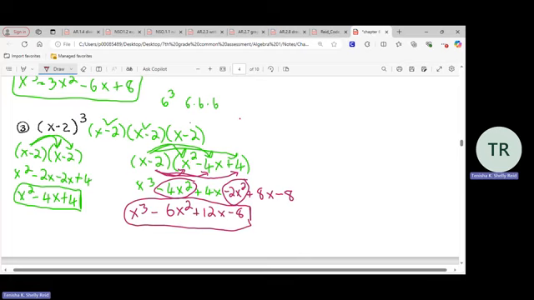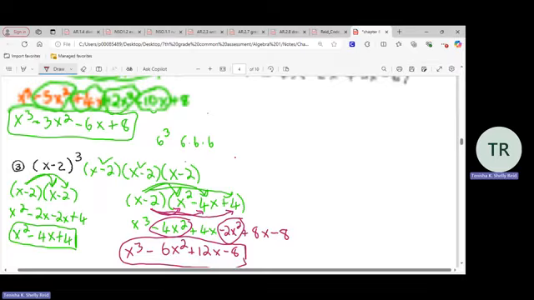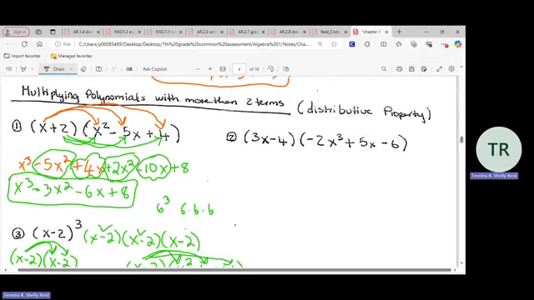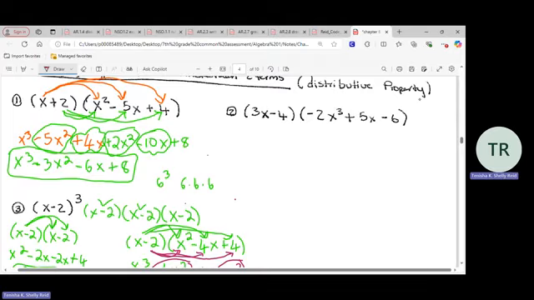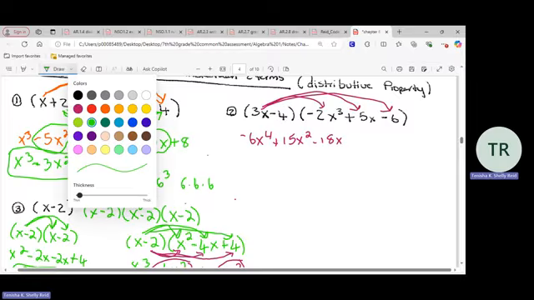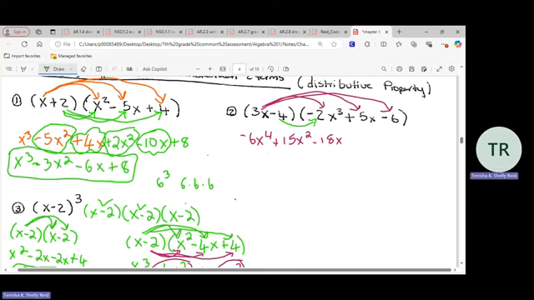All right, so the final answer should have been x cubed minus 6x squared plus 12x minus 8. Let's look at number 2. Once you would have done it, you would get negative 6x to the 4th power, and then 15x squared, and then negative 18x, followed by the bottom one, negative 4.